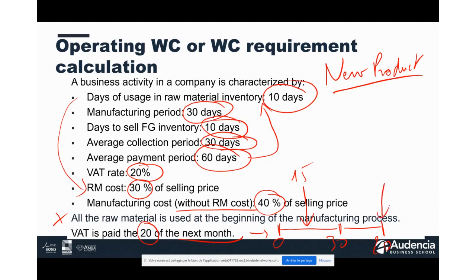In reality, you pay the difference between the VAT collected and the VAT deductible. So you have 20 days here plus 15 here. So in total, on average, the period for the VAT is 35 days.